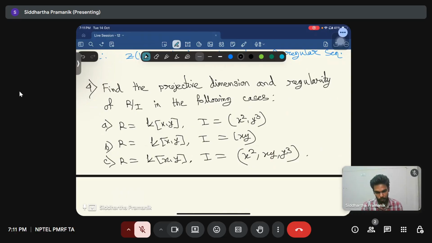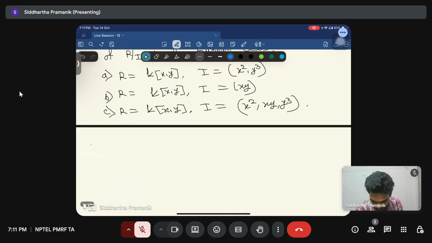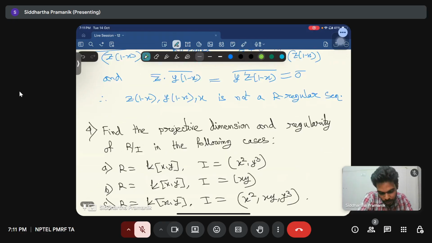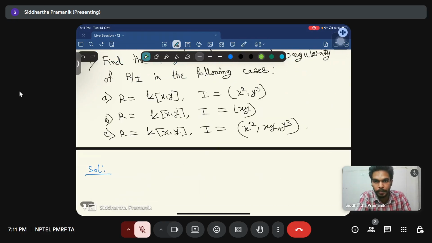So how to do this one? Okay, first let's recall projective dimension and Castelnuovo-Mumford regularity in the case of polynomial rings.